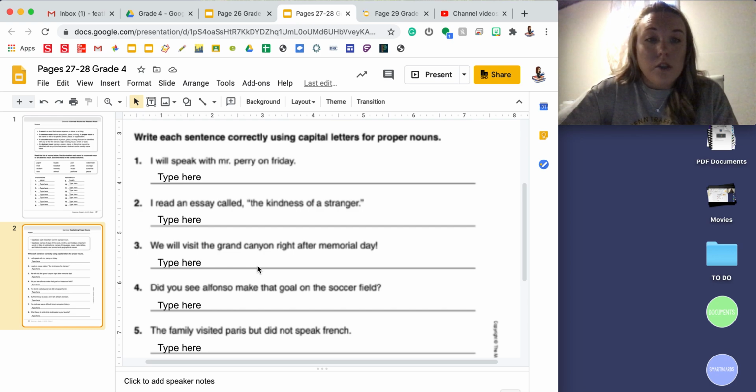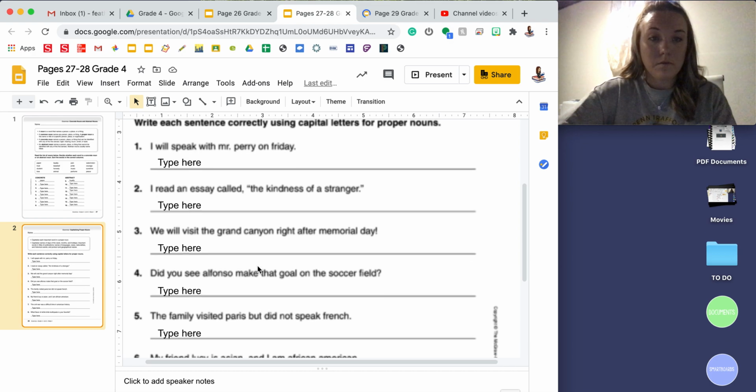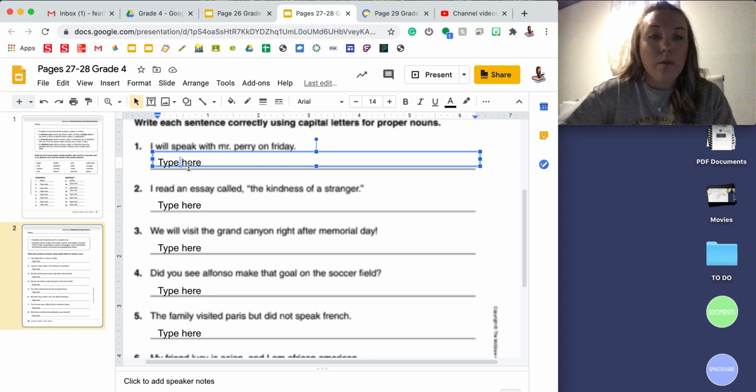On this page, you're going to write each sentence correctly using capital letters for proper nouns. Each sentence could have more than one proper noun. Number 1 says, I will speak with Mr. Perry on Friday. I notice that Mr. Perry is a proper noun. It is a person's name.